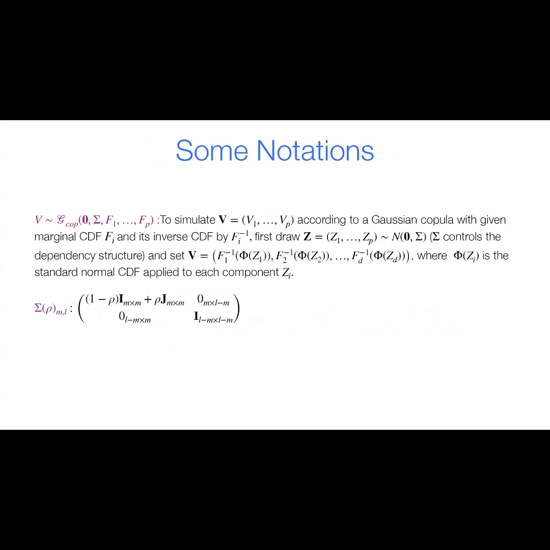So again, in order to create these simulation settings, I'm going to simulate some underlying distribution from a Gaussian copula, which has sigma as its covariance matrix that controls the dependency structure, and F1 to Fp are the marginals, where you can control how the marginals are, and you can control the dependency structure using sigma.